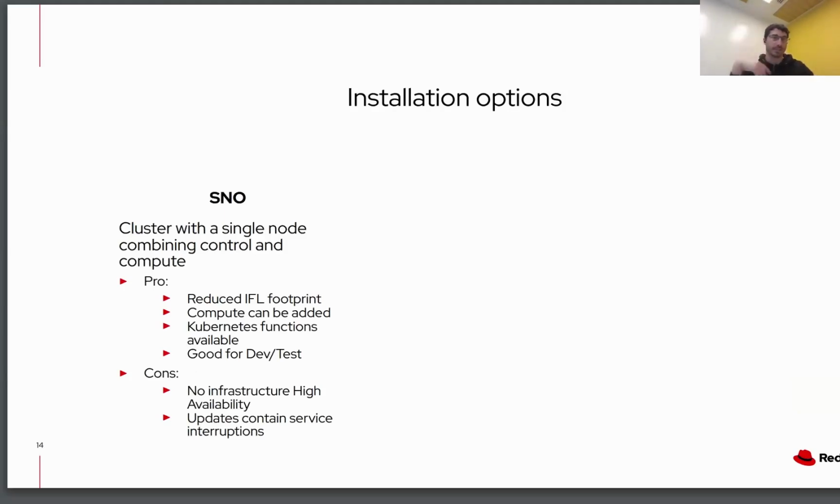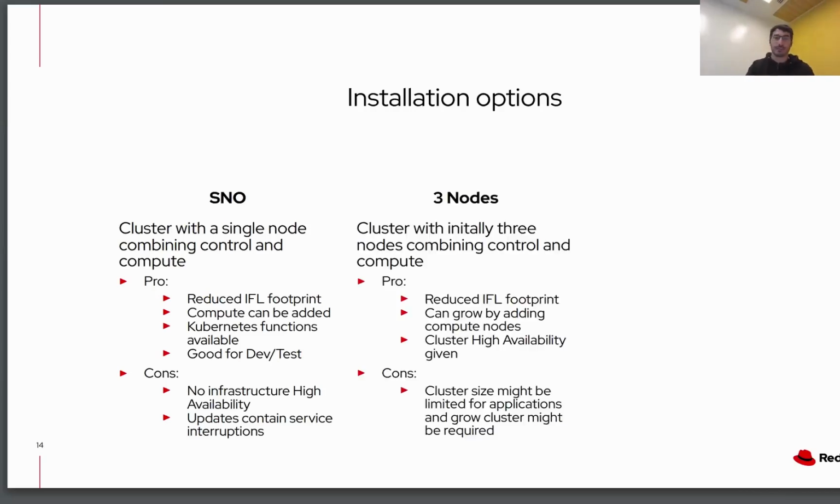If you want to do an update, it will disrupt all your services. So this is not a production grade kind of installation, but it's great if you just want to test a few things, develop, or have a playground environment to start to see exactly how everything works. It will require very few IFLs, so it's a very easy way to start.